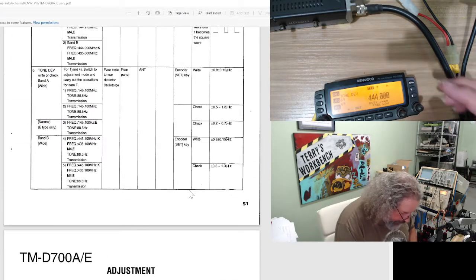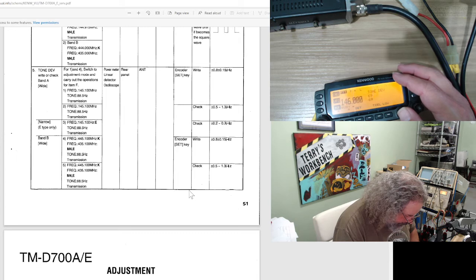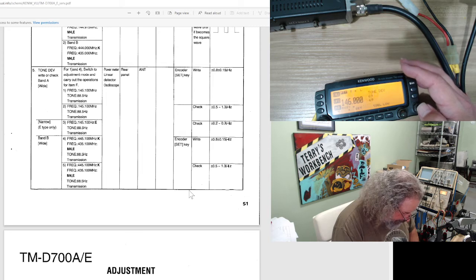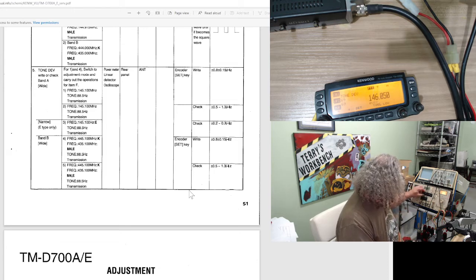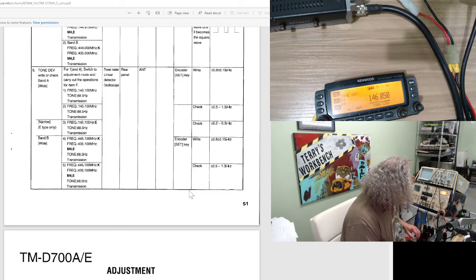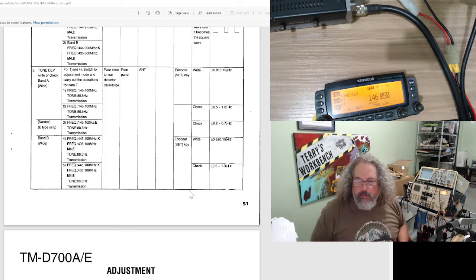Oh, we've got to do it on the other bands. Good Lord. Well, it's the same across all of them. What does it matter? Yep, that's settling in at 0.8. I'm good with it.